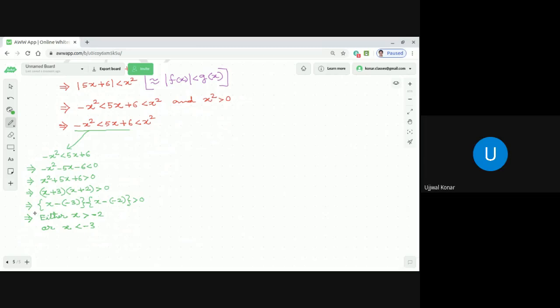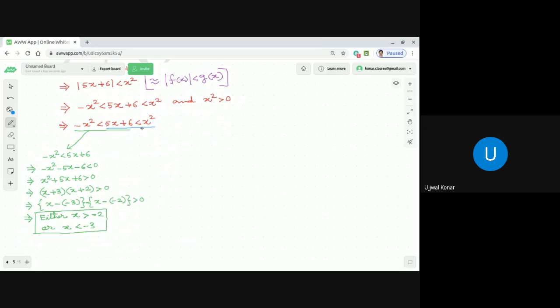This is one set of solution, but that is not the absolute solution, dear students, because we achieved it by taking only the first inequation, minus x square less than 5x plus 6. There is another one, right?